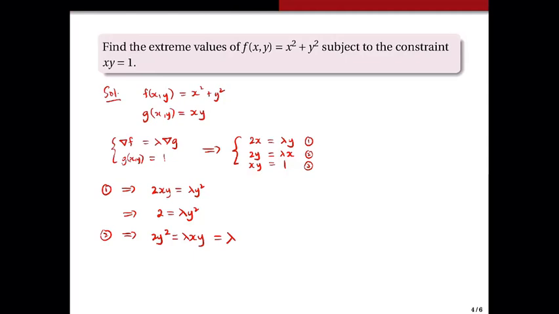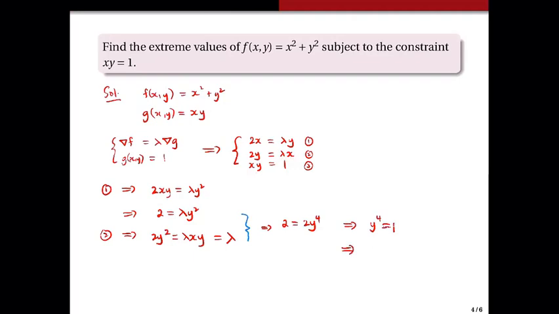Combining these two, we have 2 equals 2y squared times y squared, that's y to the 4. So we have y to the 4 equals 1.